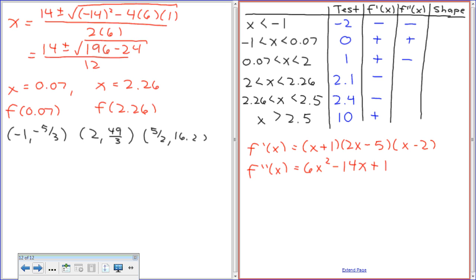Is it? 6 times negative 2 squared is 24. Oh, it is positive, sorry, thank you. 2.1 squared is 4.41 or something like that. 24 minus that, that's going to be a negative. 2.4, that's going to be negative, and that's going to be a positive. Is that right? I think that's right.